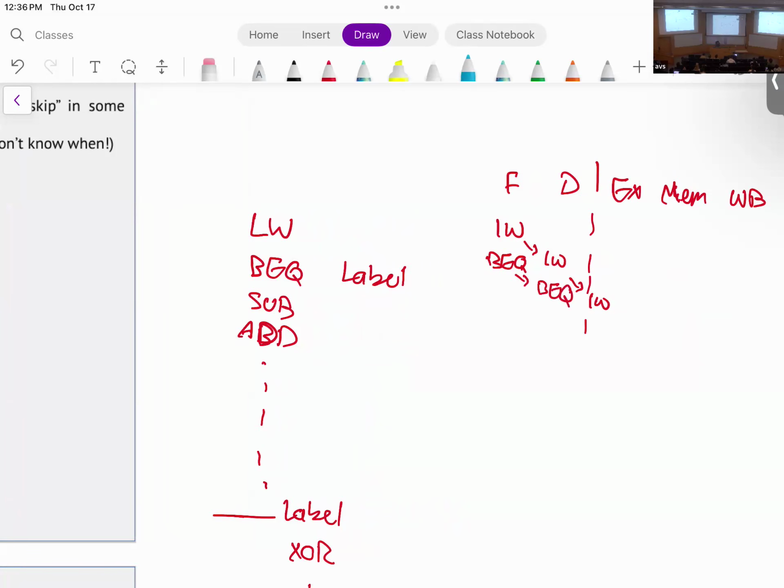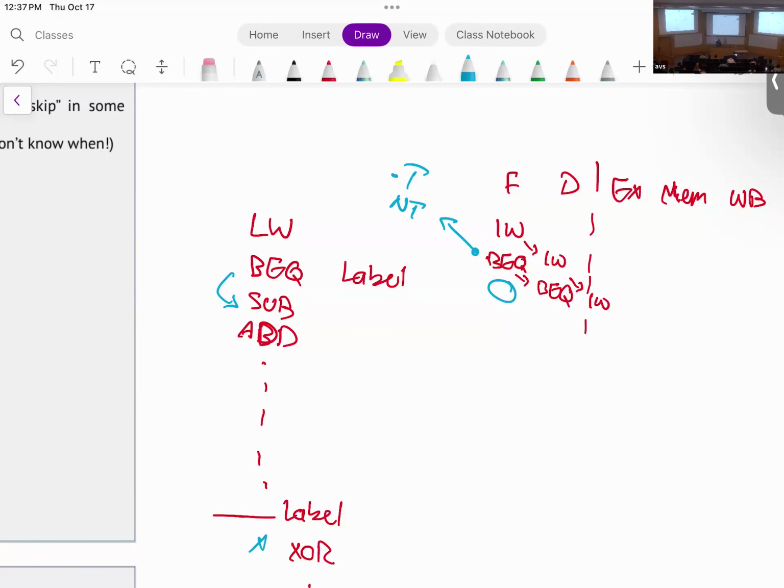So now the question is, what should I fetch here? Should I fetch the sub instruction, or should I fetch the XOR instruction? In order to answer this, I need to know whether this branch is going to be taken or not taken.